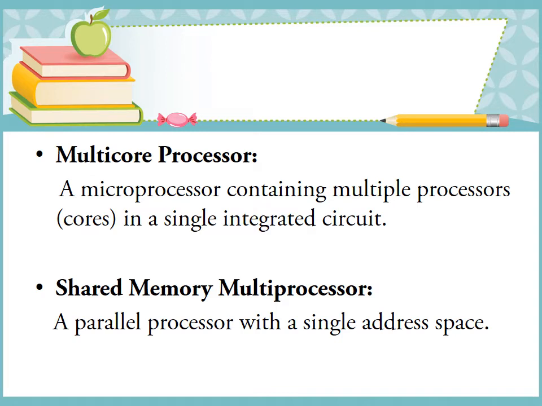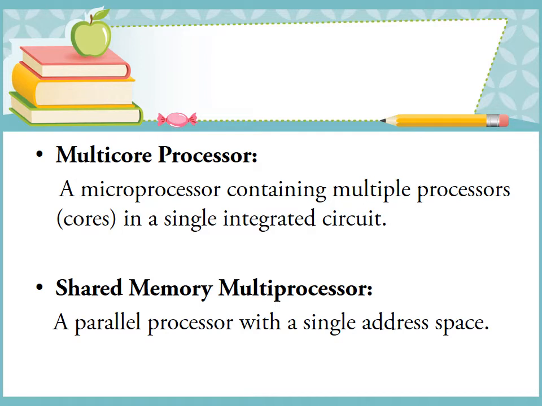Another two important processors are the multi-core processor and the shared memory multiprocessor. First, the multi-core processor. A multi-core processor is nothing but a processor that contains multiple processors. In the previous video lecture we saw what a processor and a multiprocessor are.